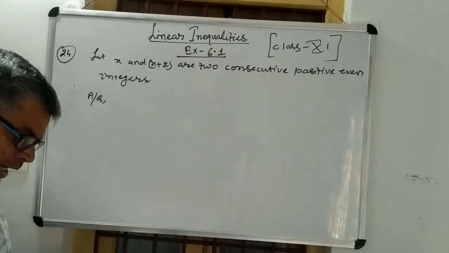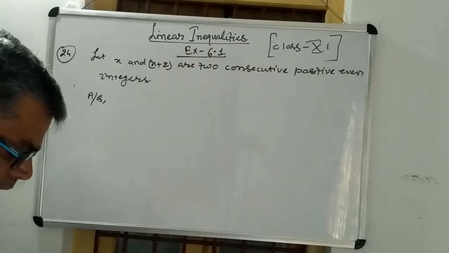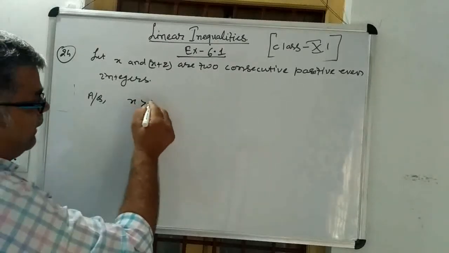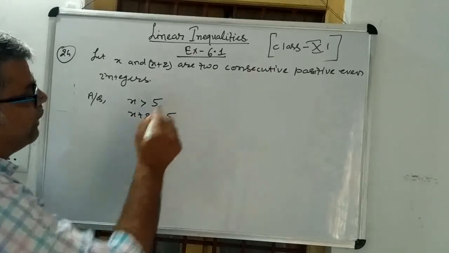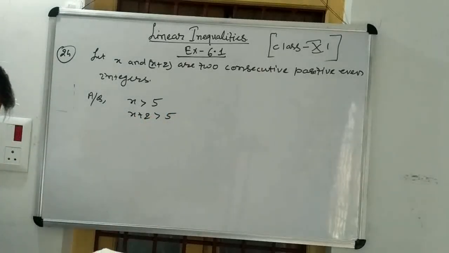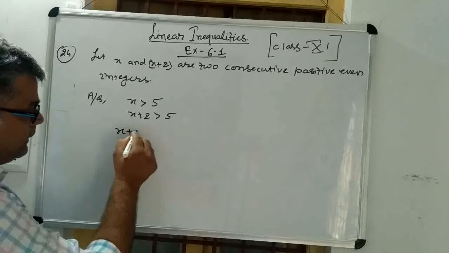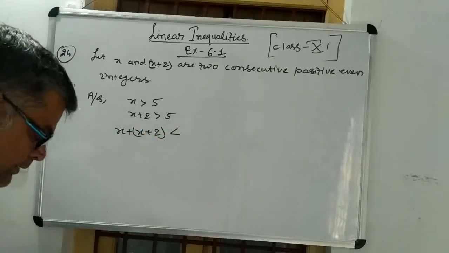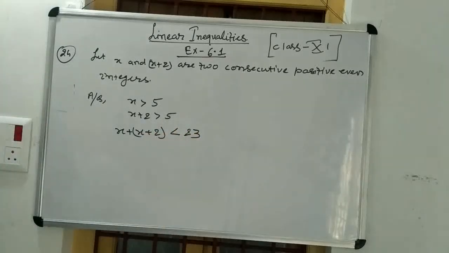Find all pairs of consecutive even positive integers, both of which are larger than 5. It means x is greater than 5, x plus 2 is also greater than 5, and their sum is less than 23. This is the inequality.